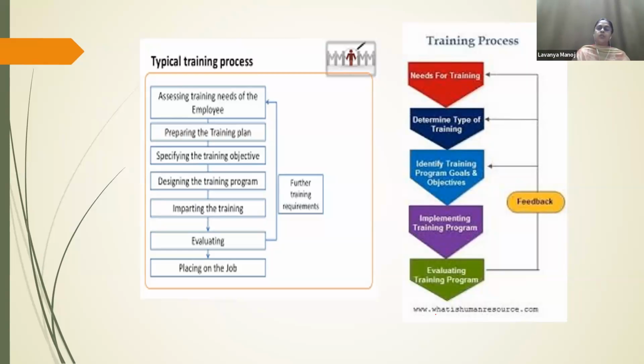In case the employee needs more training, the employee is again taken for another training for another 2 to 3 days or a week's time, and then made to work in the flow again. So this is how the training process goes.